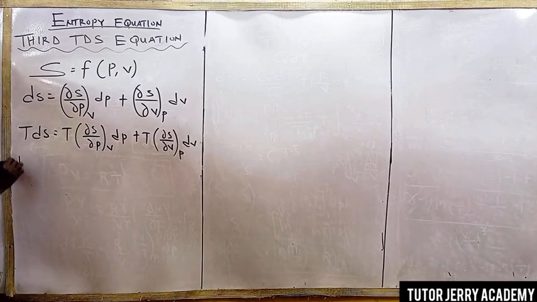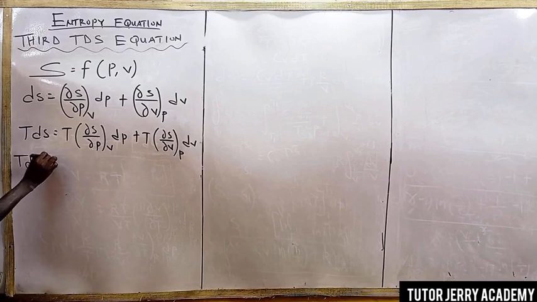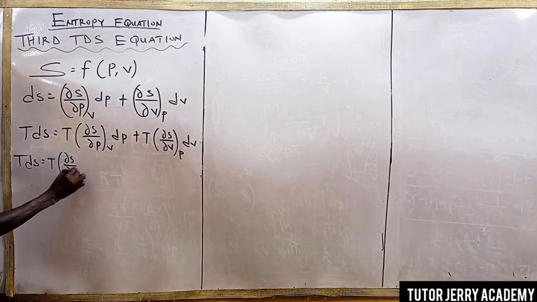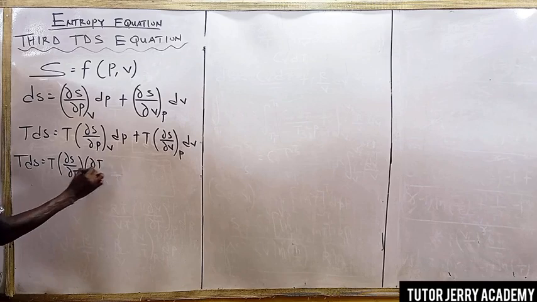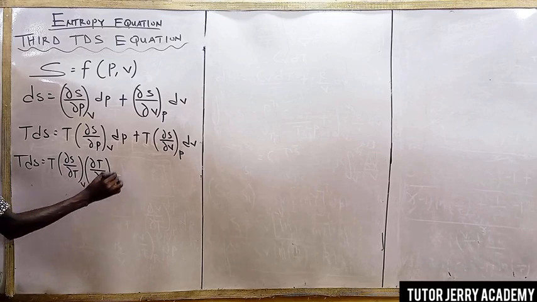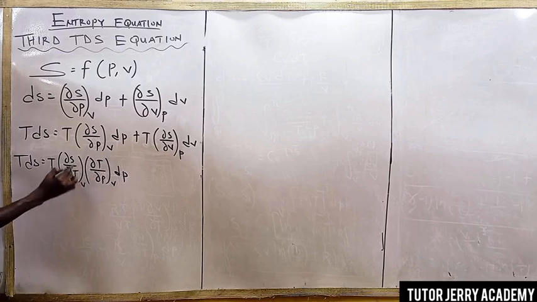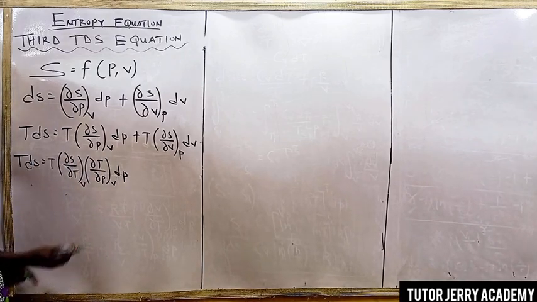We can decide to write this as T times the partial derivative of s over the partial derivative of T, times the partial derivative of T over the partial derivative of p, keeping v constant, because we know this will cancel out, then we'll go back to this. I hope you understand.